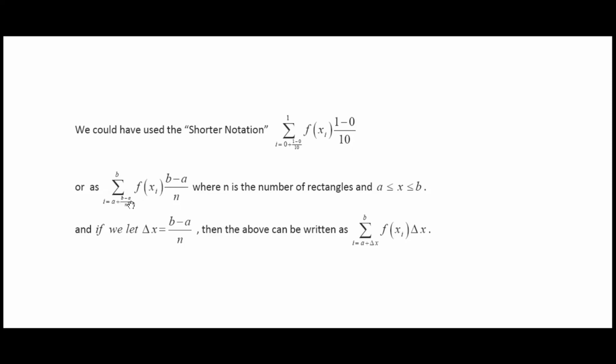Then this would do it. A is your first number. And you go over the increment. In other words, you don't start at the leftmost point, you go over one increment and you end at your rightmost point. And just like before, since we said delta x is b minus a over n, let's go here and everywhere there's a b minus a over n, let's put delta x.